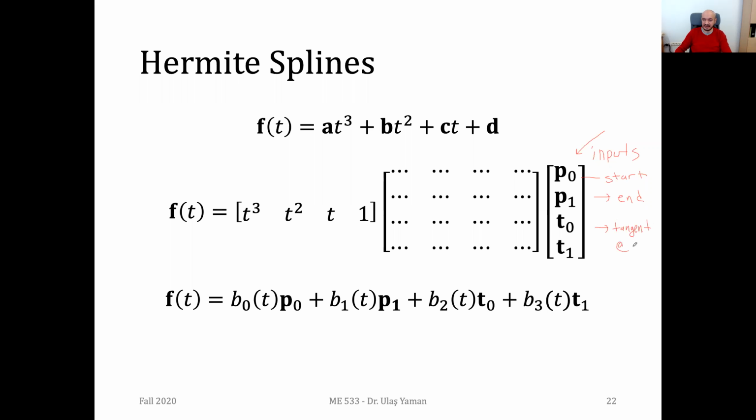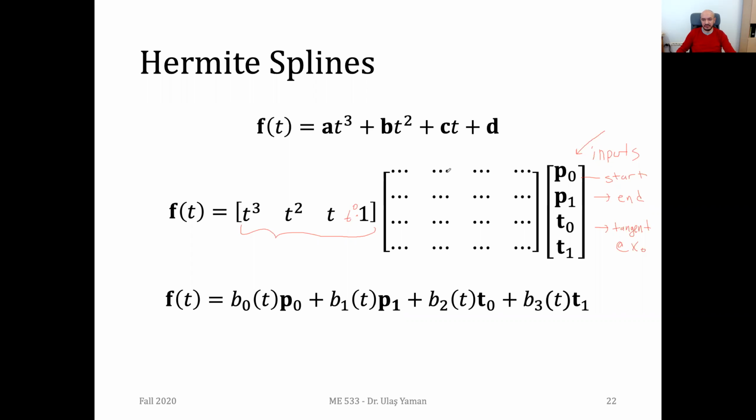This is the tangent at x0, and the other one is the tangent at x1, the endpoint. And we have our parameter set. This is a cubic function, so we need to start from the third order, second order, and 0th order.